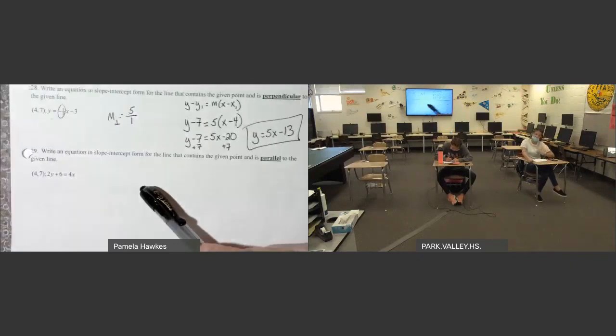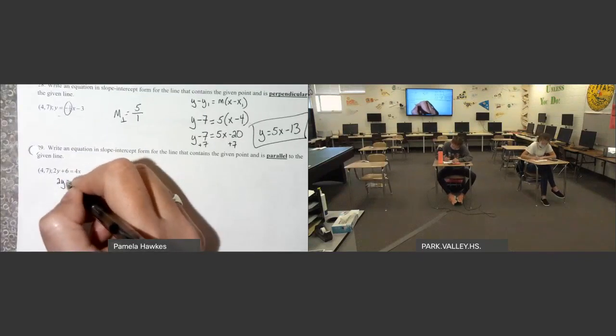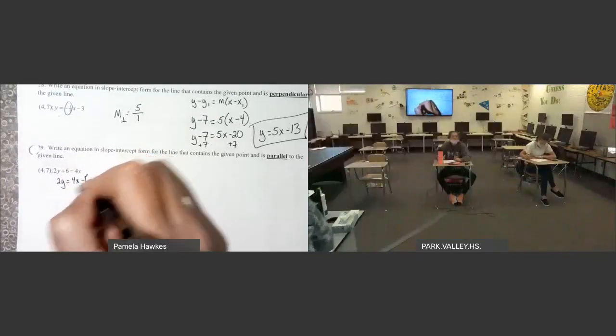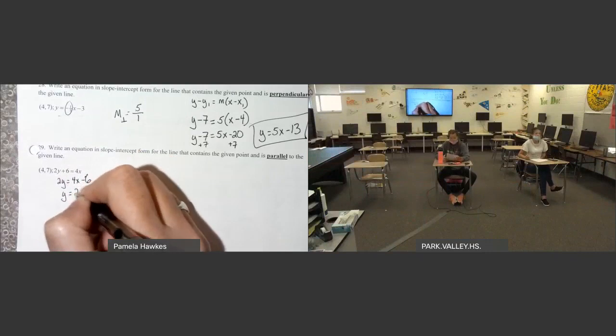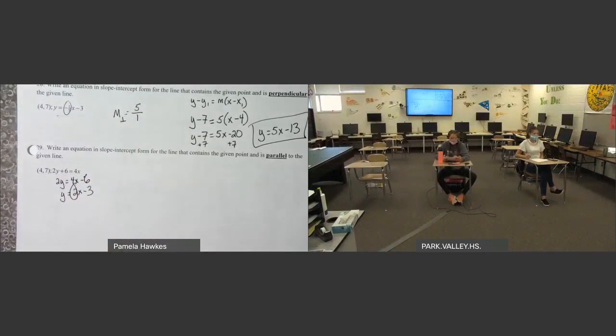You want to do this one? Because I got to solve for y first. So I go 2y equals 4x minus 6. I divide by 2. And so I'm going to use this slope and that point. Okay? Keep going or stop?